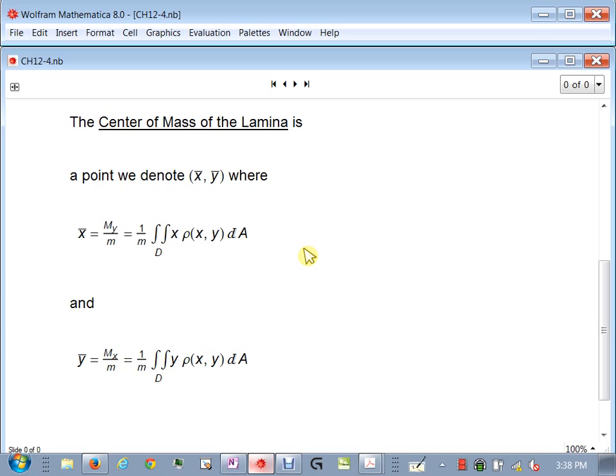Like a point mass, right? So you say, okay, here's a point, and it has a mass. Well, what you're really doing is taking something that may have a complicated shape, finding its mass as a whole, and then finding its center of mass, and then you can consider the whole object as just a point with a certain mass. And then it simplifies. You take all that other stuff out.